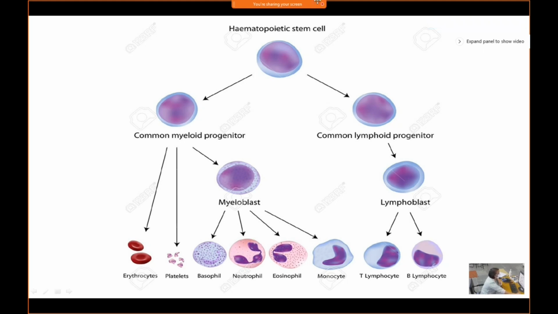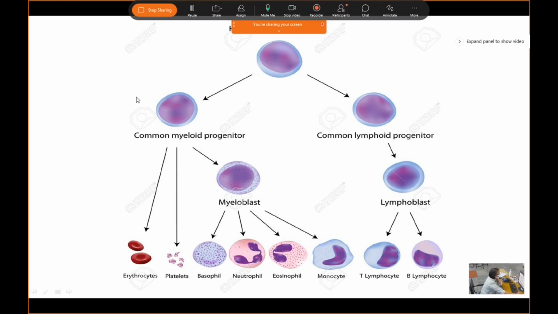Then the next is the common myeloid progenitor. This is very important because if we say myeloid, we think only of neutrophils. But the fact remains, if you observe this picture, from this common myeloid progenitor there is a myeloblast, and the myeloblast is the most premature cell of the myeloid series. They will give all the WBCs in the peripheral blood, that is the basophils, neutrophils, eosinophils, and monocytes, while lymphoid cells come from the lymphoblast.